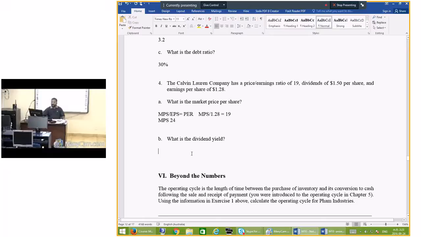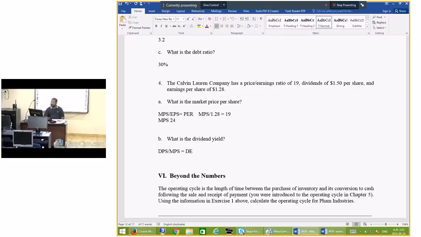What is the dividend yield? Dividend yield is DPS, dividend per share, divided by market price per ordinary share. Dividend per share divided by market price per share is dividend yield.